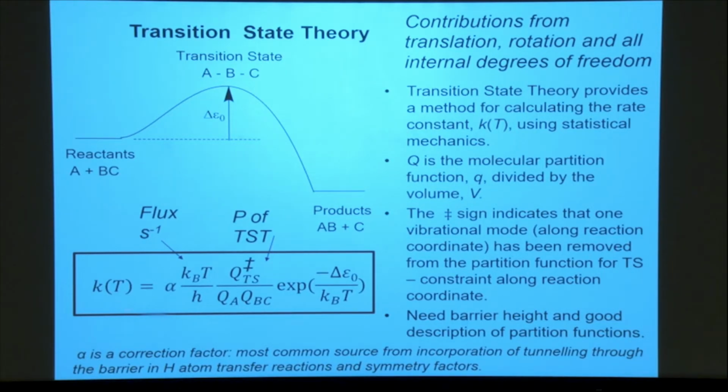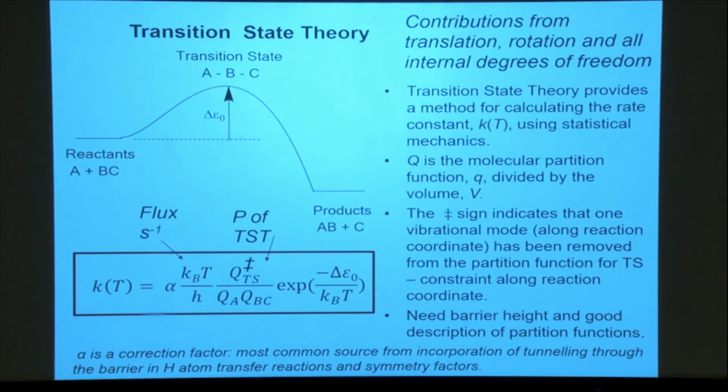Okay, so the rate constant is a function of the probability of being at the transition state, which is related to the partition function of the activated complex and the partition functions of the reactants. Then we've got an expression which involves the activation energy, and then we've got the flux from the activated complex to products.